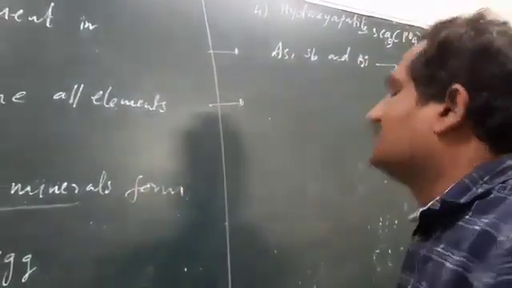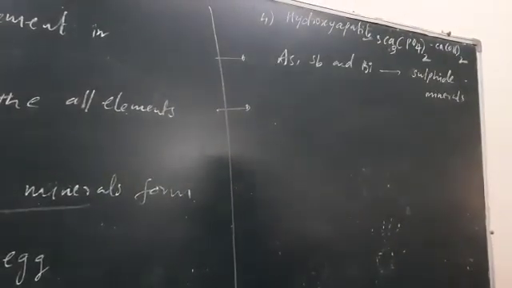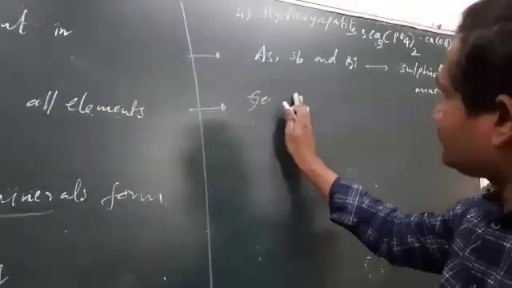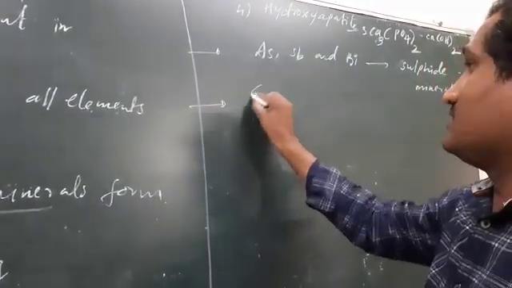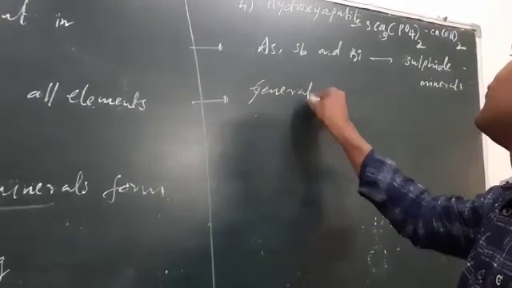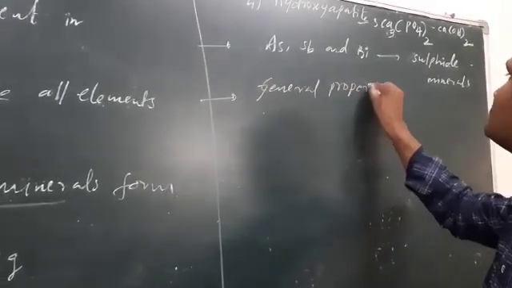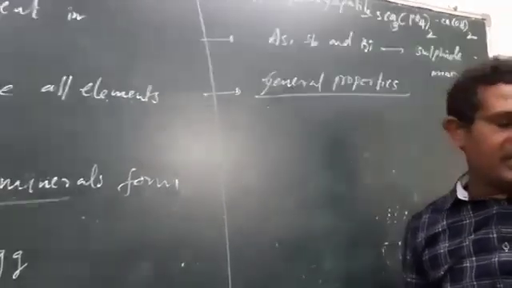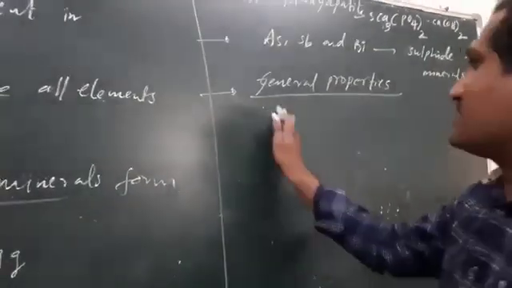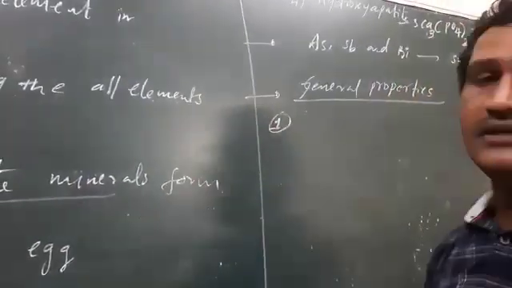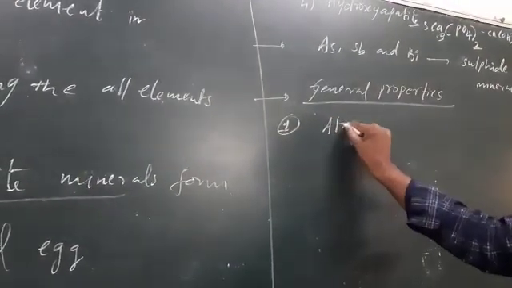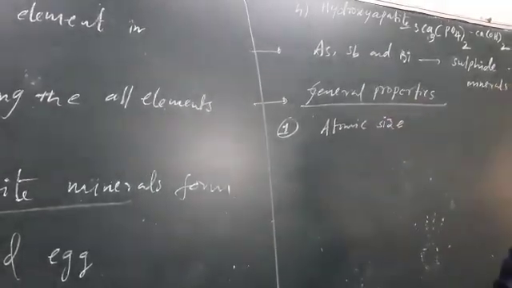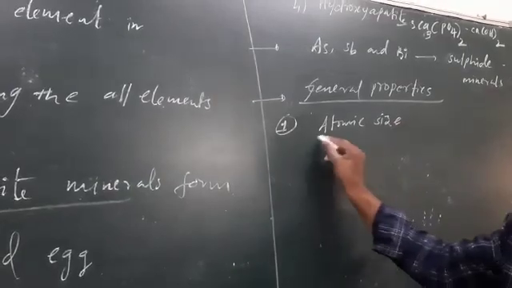Next, general properties. In these group elements, if you see first atomic size, atomic size or ionic size or covalent size, anything you can take.